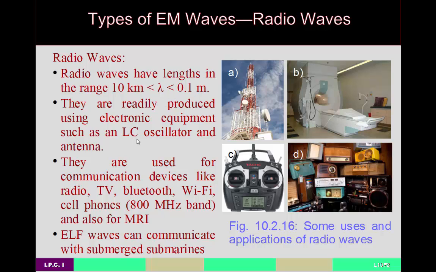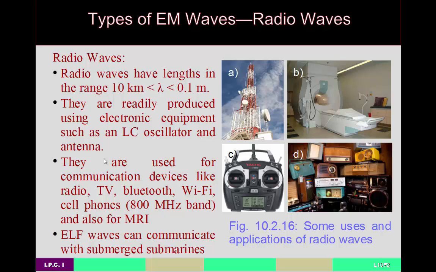The main thing about radio waves is that their production is usually by using either an LC oscillator or an antenna or both. In fact, usually it's an LC oscillator that's driving an antenna. So these are electronically produced using, for lack of a better word, electrical circuits.